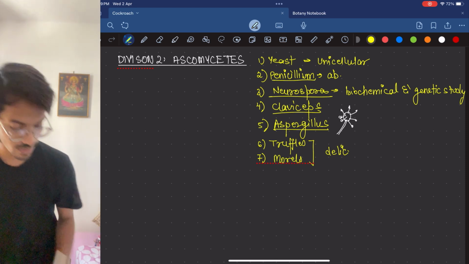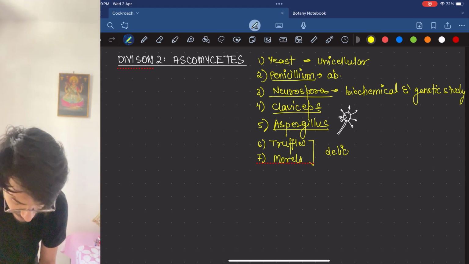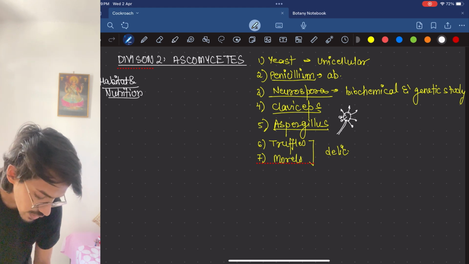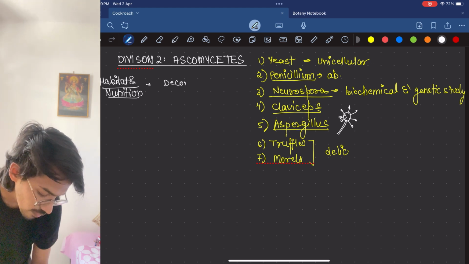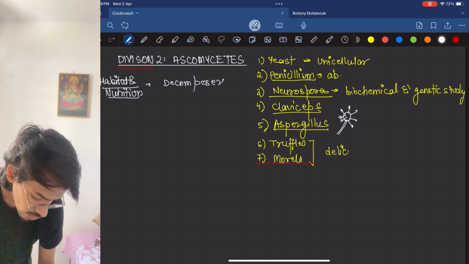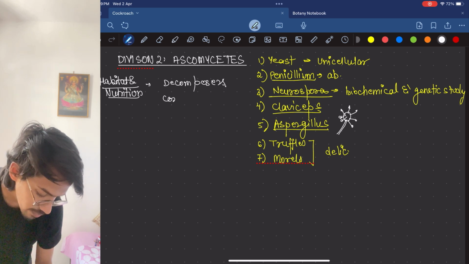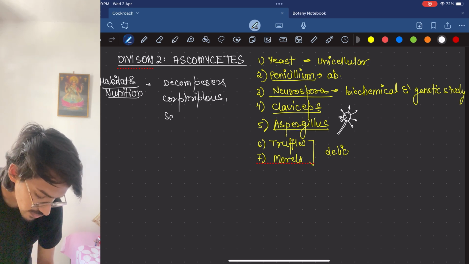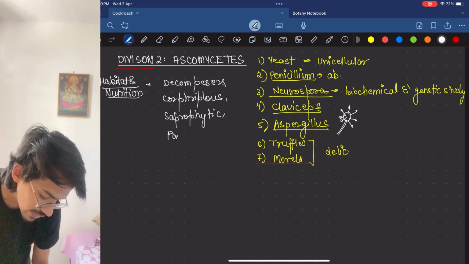Coming back to the major question, the habitat and nutrition. You have to remember that they can be decomposers. They can be coprophilous, meaning growing on dung. They could be saprophytic. They could be parasitic. They could be anything.